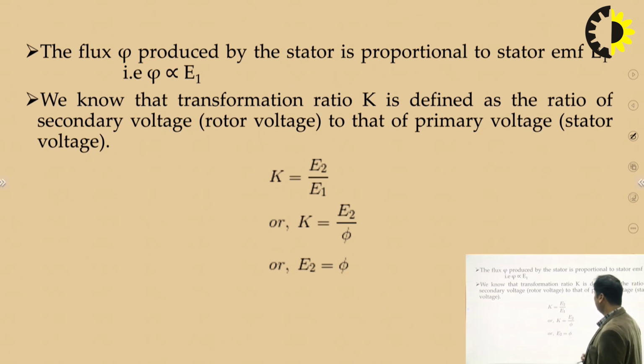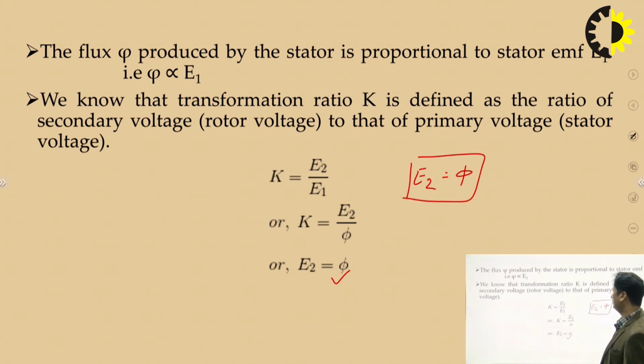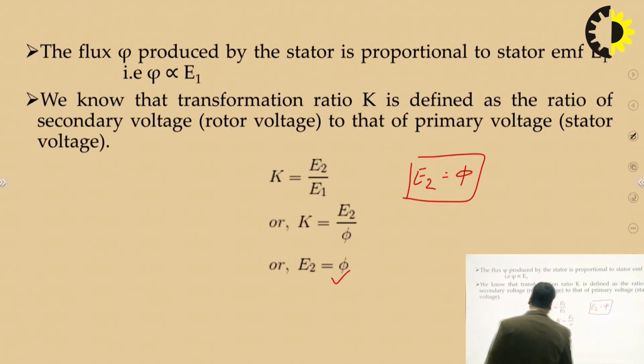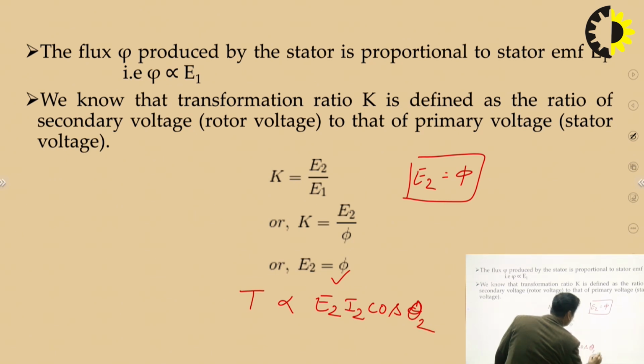So from here you can say that E2 is again proportional to phi, depending upon the transformation ratio or the value of K. So in our torque equation, we can write torque is proportional to E2 I2 cos theta 2. In place of phi, we can write E2.